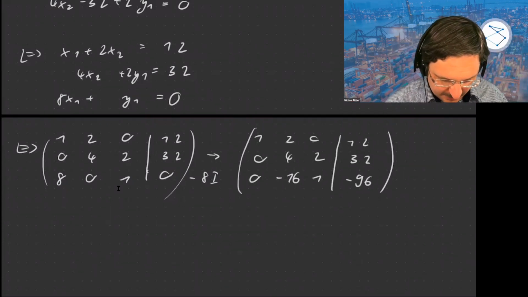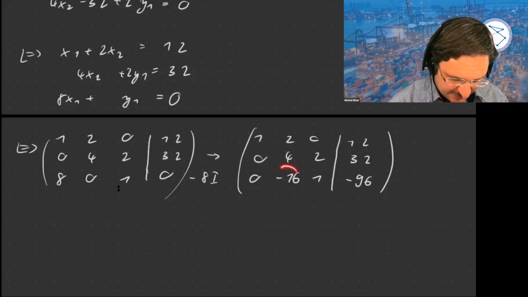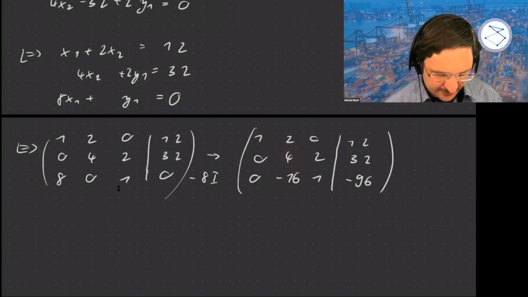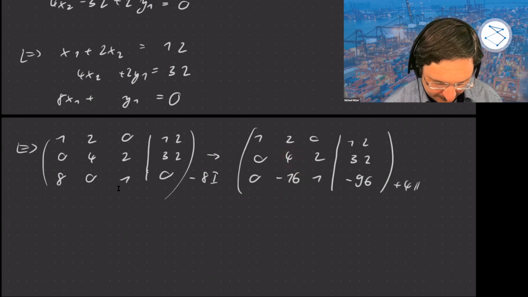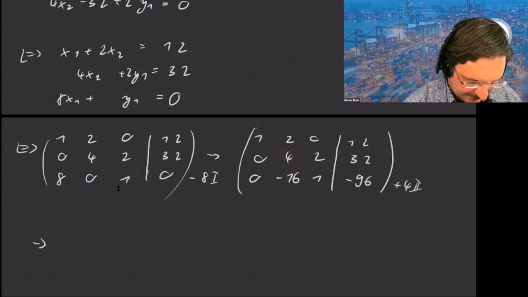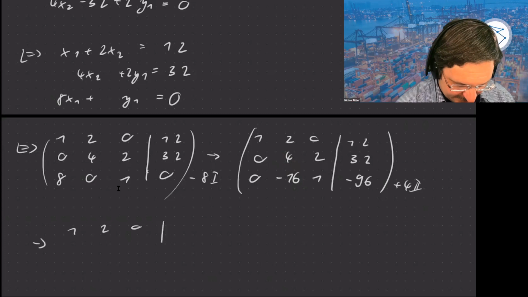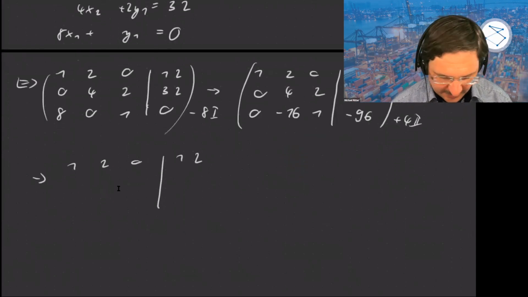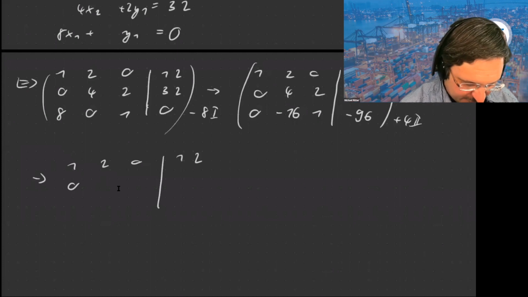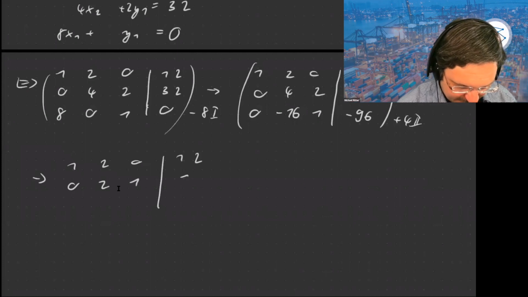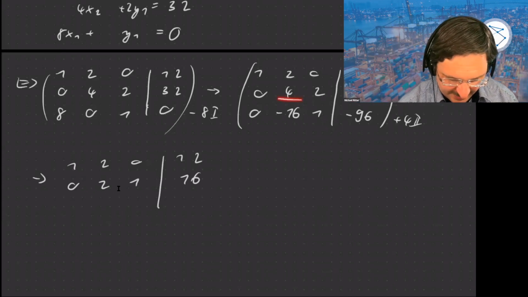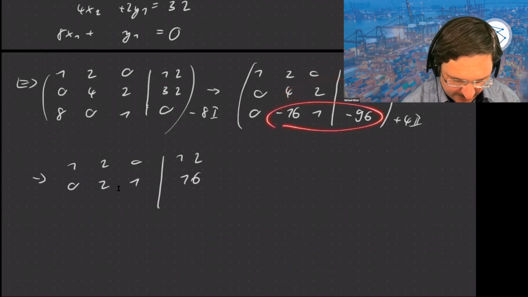And then we can see we can eliminate that entry here by adding 4 times that second row. Let's copy the first row again. For the second row, we can already divide by 2 to make that a little easier here. And then let's add that row 4 times to the last one.